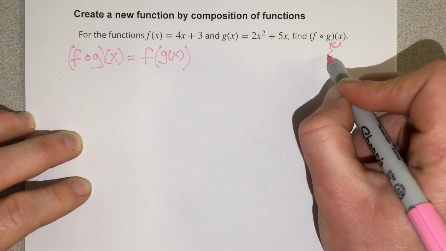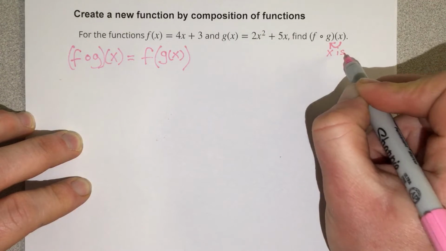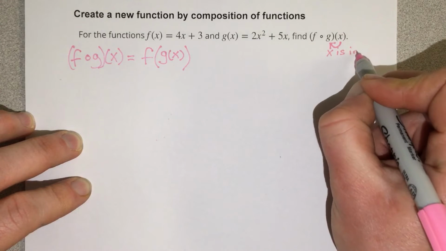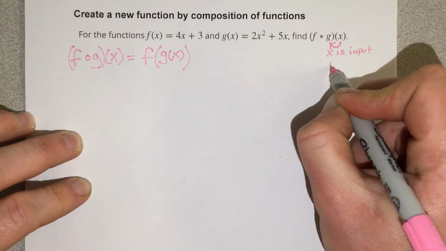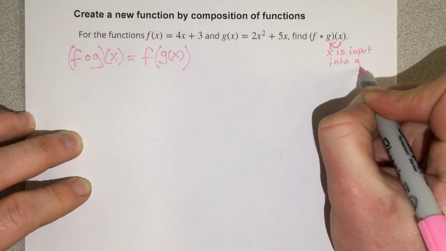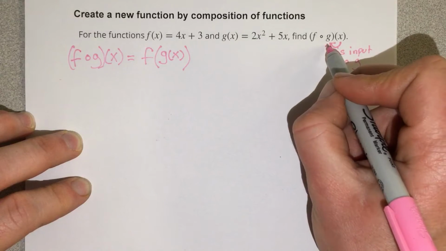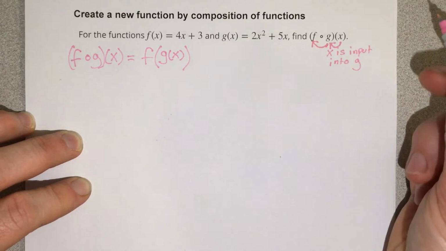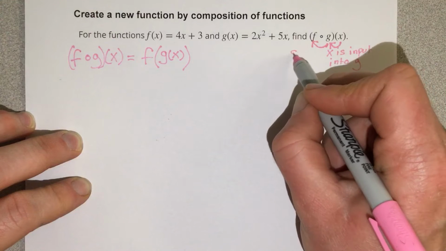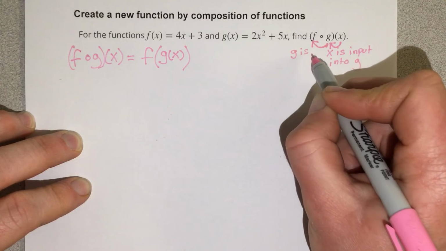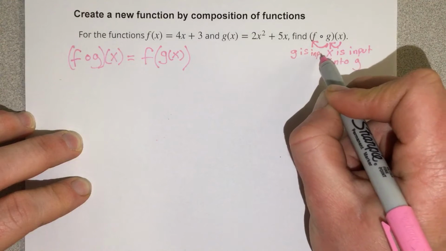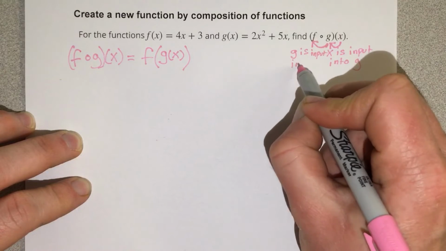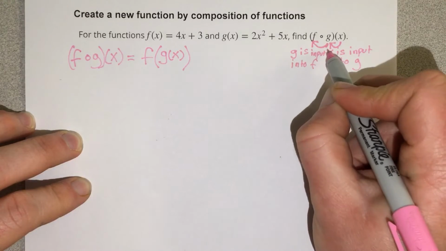So x is input into g. And then we take g and we input it into f. So we'd write g is input into f.